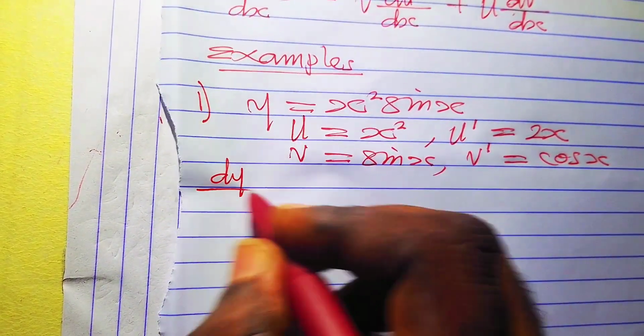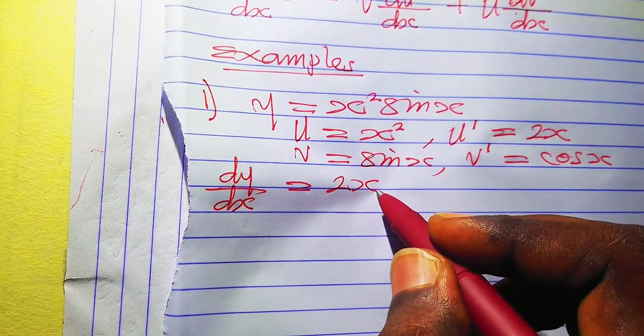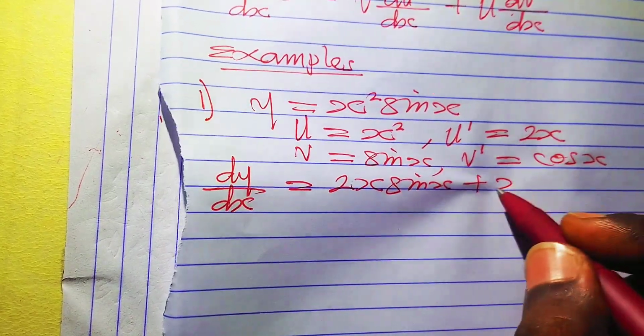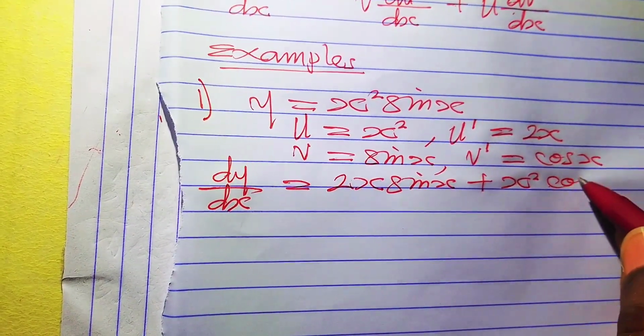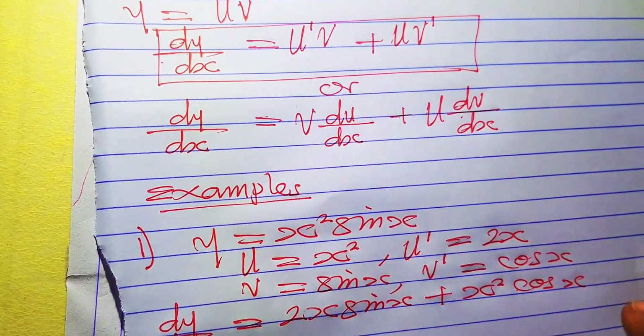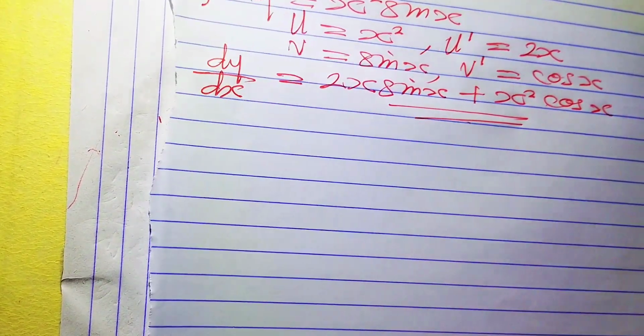Therefore dy/dx is equal to 2x sine x plus x squared cos x, going by way of product rule. And that's simply our answer.